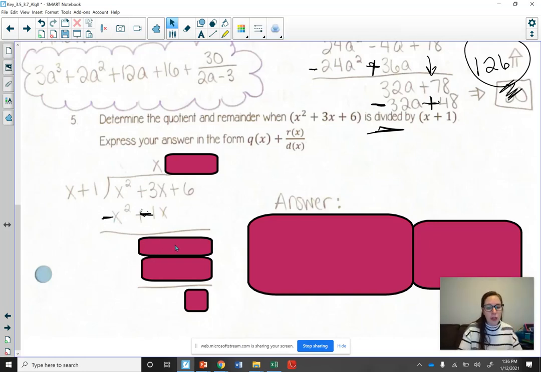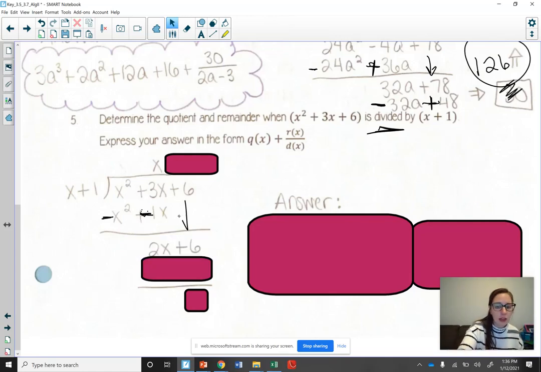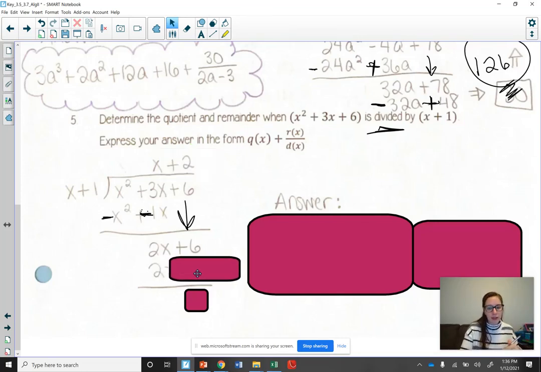Those cancel. 3x minus 1x is 2x. Bring down the 6. 2x now gets divided by x. 2x divided by x is 2. Distribute, you get back to your 2x. Distribute, you get 2. 2 times 1 is 2.